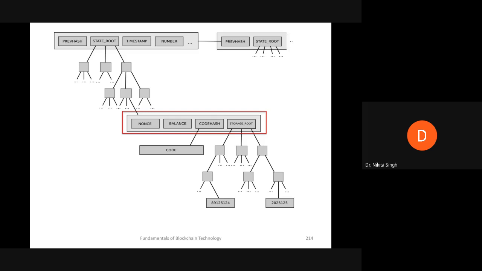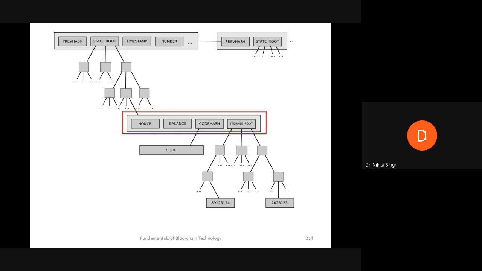But your account balances, the state of your blockchain, keeps changing. You have contract accounts, you have externally owned accounts, and the interactions that happen on those accounts are temporary data. Your account balance is temporary data, because as soon as you make a payment, that data changes. So what Ethereum does is make use of the trie data structure to manage the temporary and permanent data.